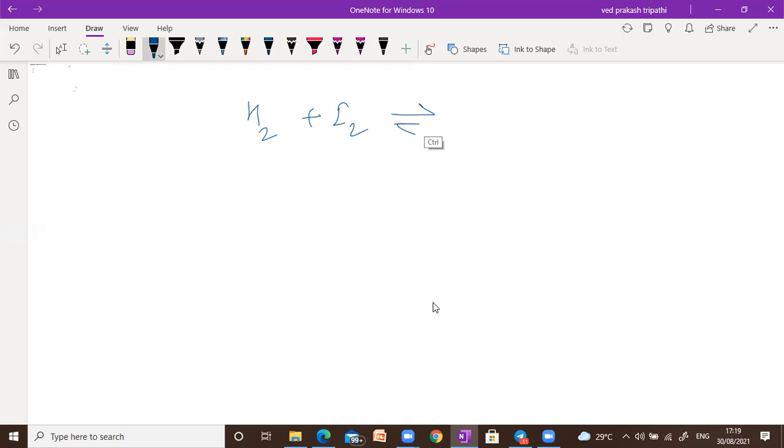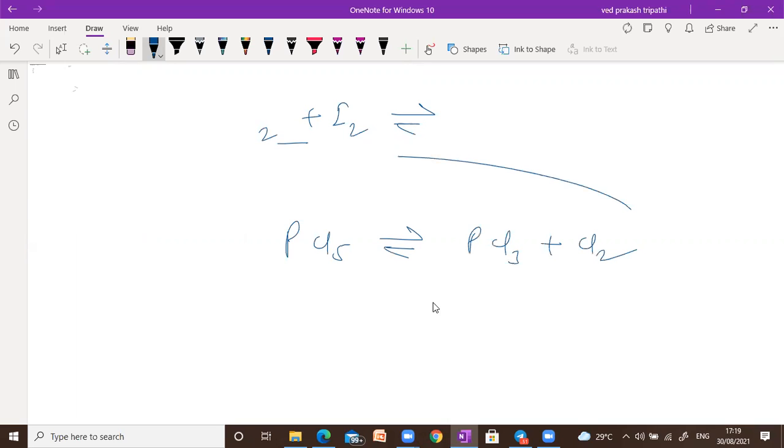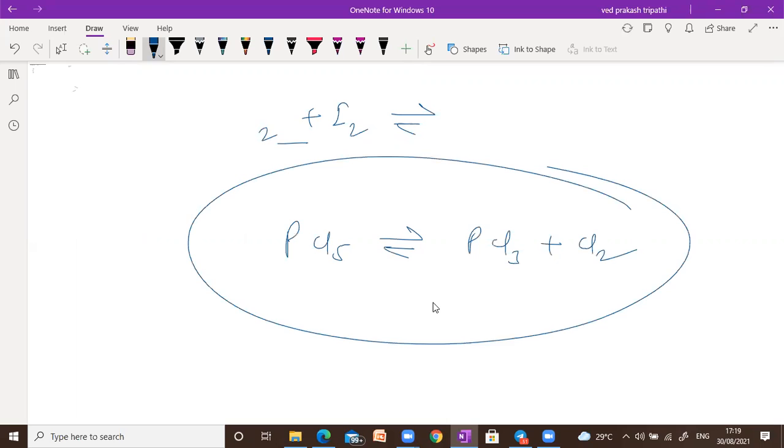Wait, this one. My question is, what is the direction of equilibrium if you increase the temperature?